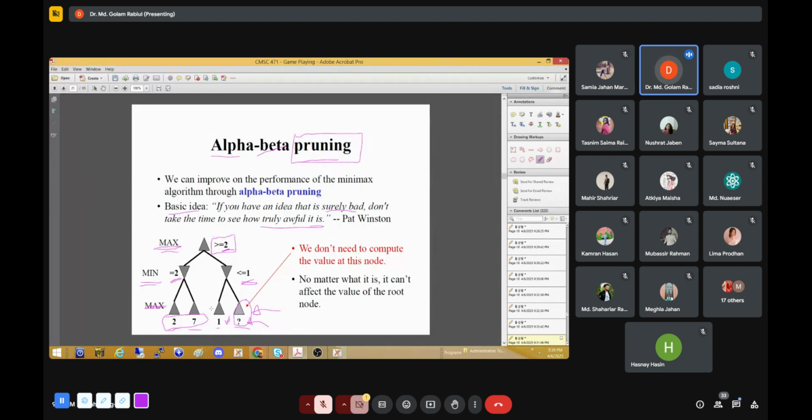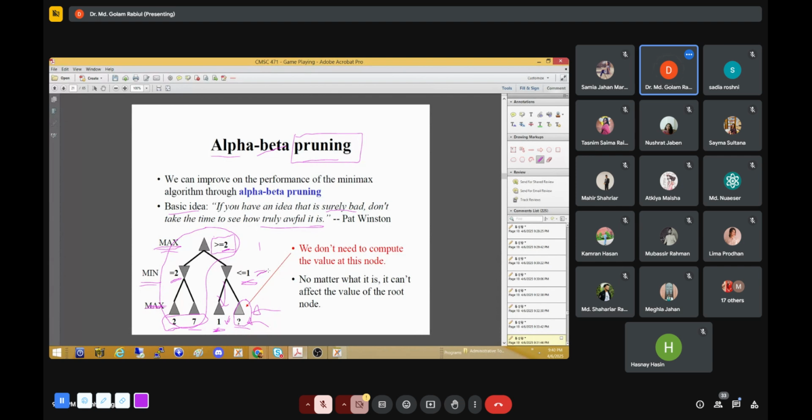Because from this branch we already got 2. And if we explore this other branch and at the first child we got the 1, this 1 is less than 2.